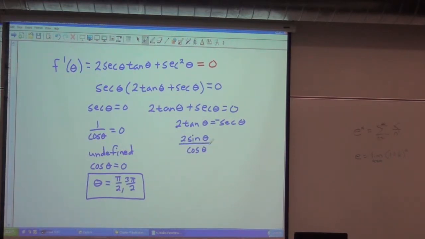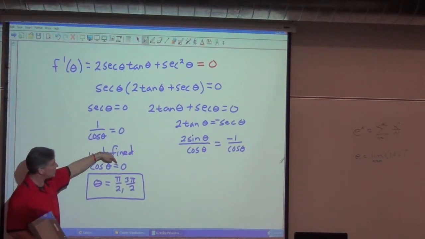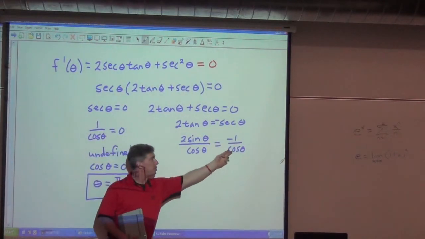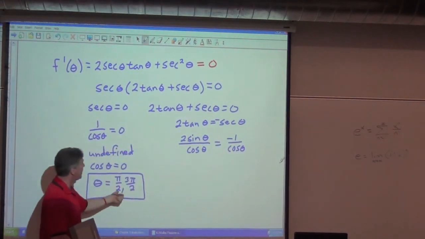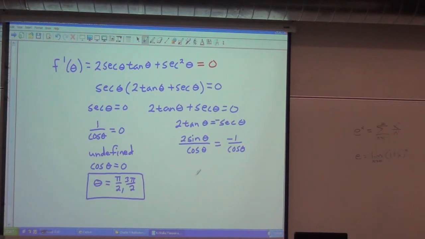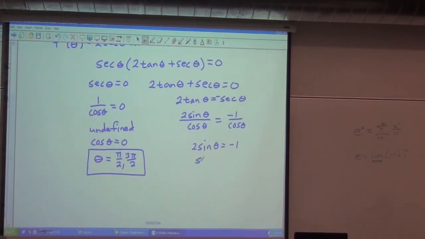So tangent is sine over cosine, secant is 1 over cosine. We already figured out where cosine is 0, and that would make these things undefined. So we already got that. Now we just take the 2 sine of theta and figure out where it equals negative 1. So divide by 2 and figure out where sine is negative 1/2.